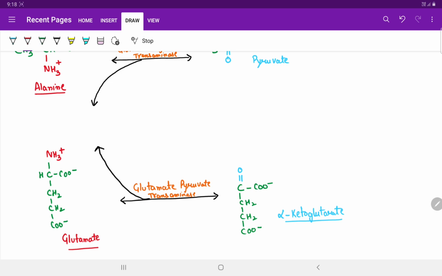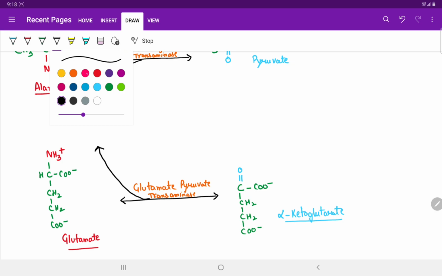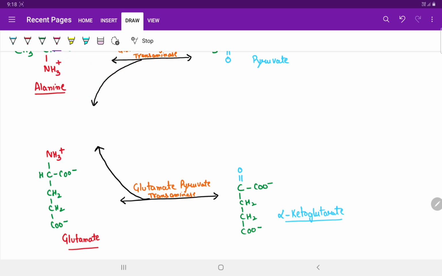So here will be the Schiff base known as pyridoxal phosphate. And similarly, on the other side, the reaction will be completed by formation of another Schiff base known as pyridoxamine phosphate.